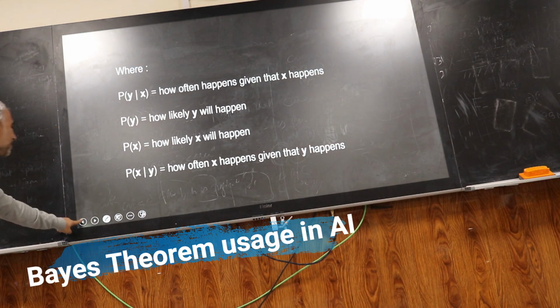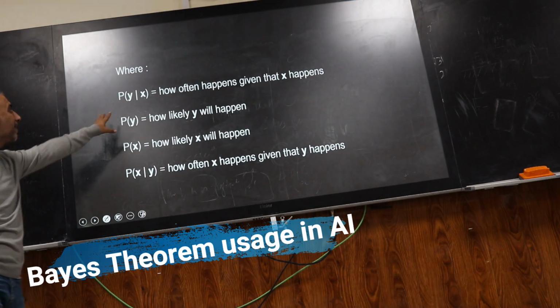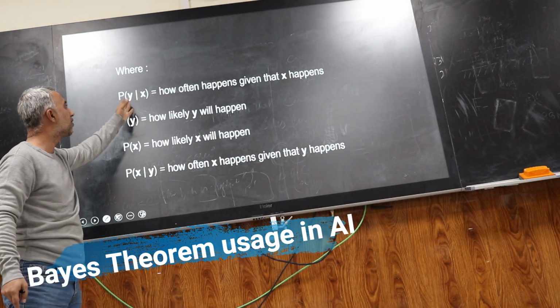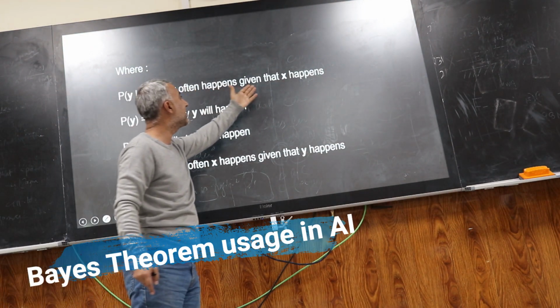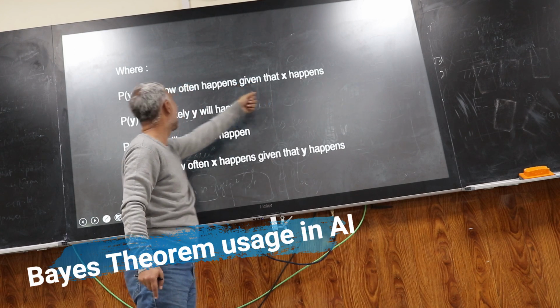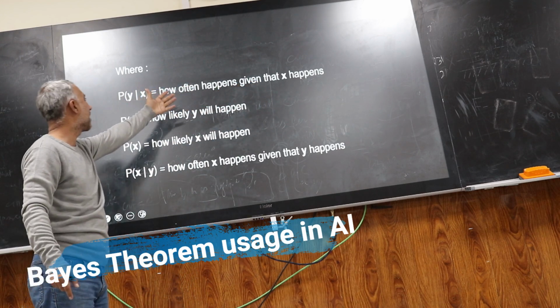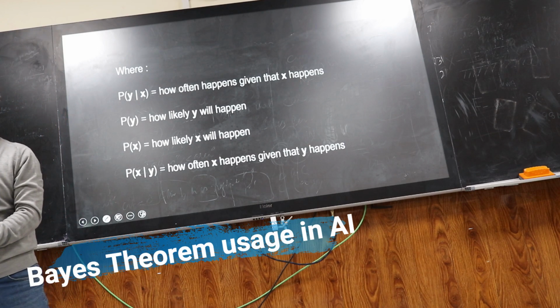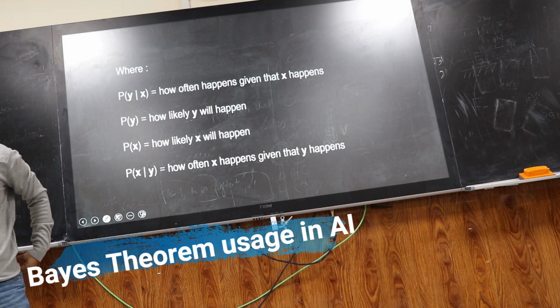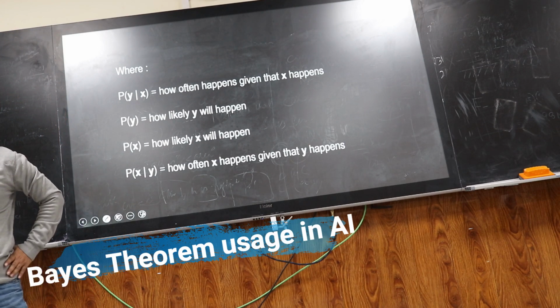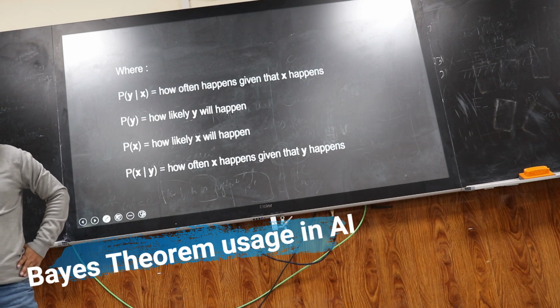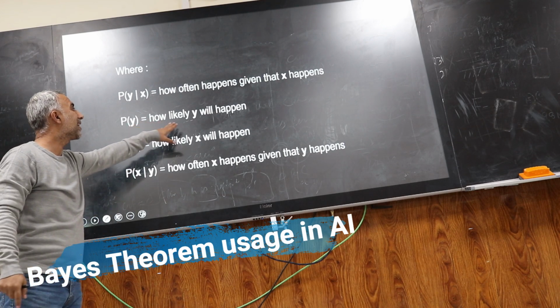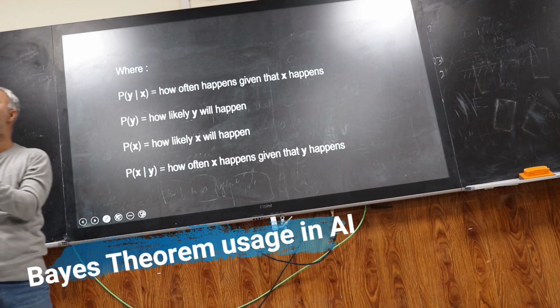Let me explain this formula in terms of a situation. This one first is the output y: how often it happens given that x happens. So I'm talking about the y output. If I'm talking about a house, of course the features are doors, kitchens, rooms. So how likely is the output?